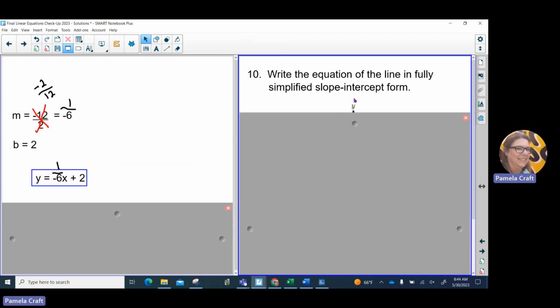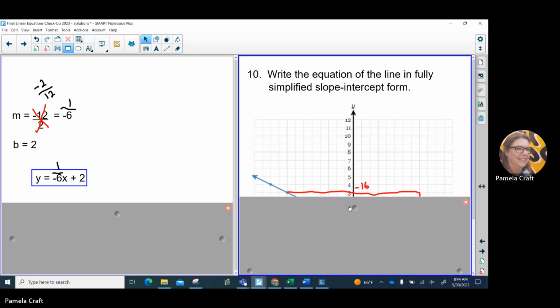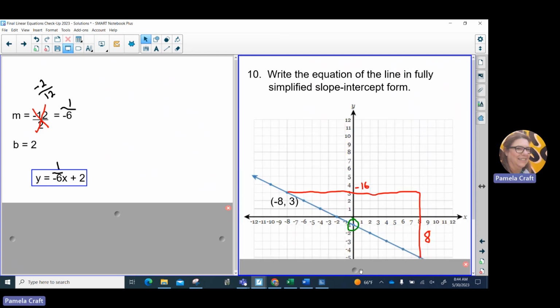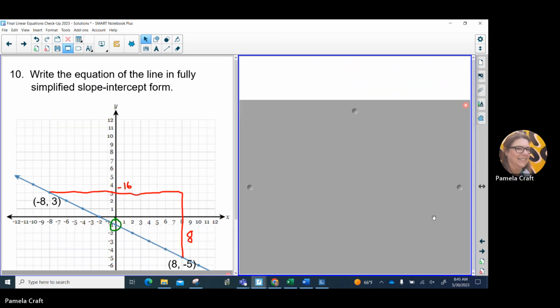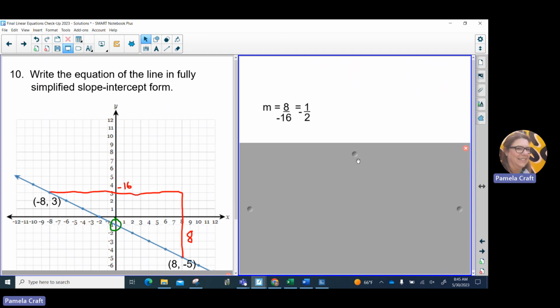Number 10, write the equation of the line in fully simplified form. So we have a change of up 8, left 16, which would give me a slope of 8 over negative 16, which is negative 1/2.